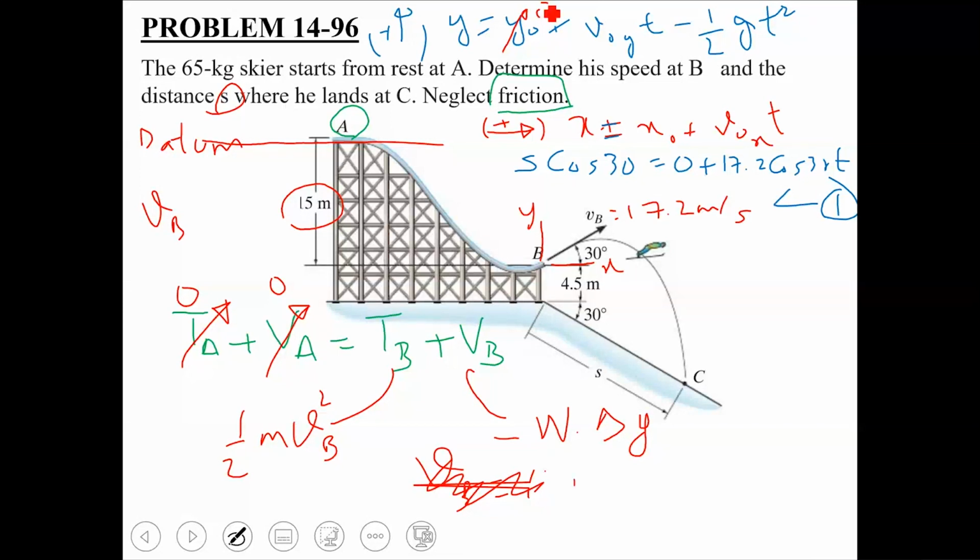The next question, what should be the value of y here? Can you identify y? Minus 4.5. सर 4.5 प्लस S sin 30। 4.5 प्लस S sin 30, क्या ये सही है? माइनस कर दें सर। With a negative sign, so minus bracket 4.5 plus S sin 30.